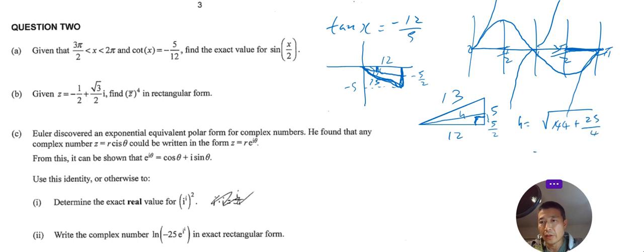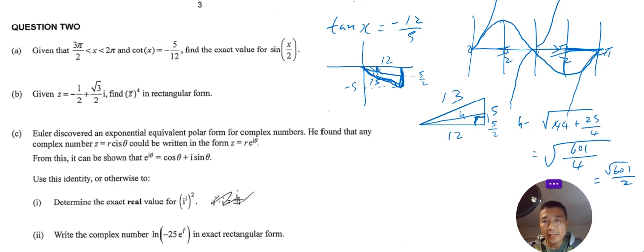So that means square root of, we need a calculator, 144 times 4 plus 25, 601. So this means the hypotenuse is square root of 601 over 2.